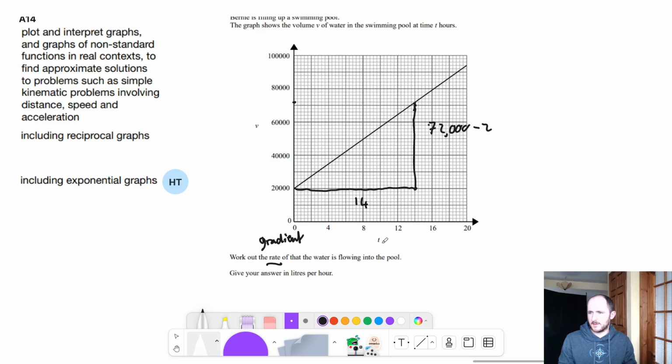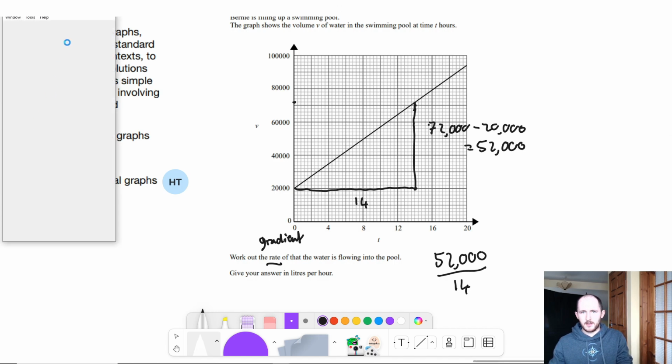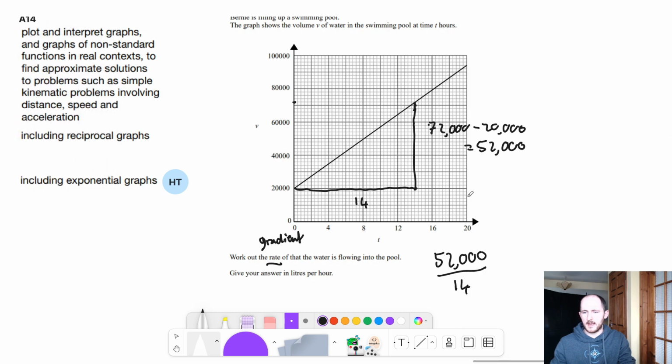minus 20,000, which is 52,000. So the answer is just 52,000 over 14. Now this is actually a calculator question, so I'm just going to pull up my calculator, and you're just going to do 52,000 divided by 14, which gives me an answer of 3714 litres per hour.